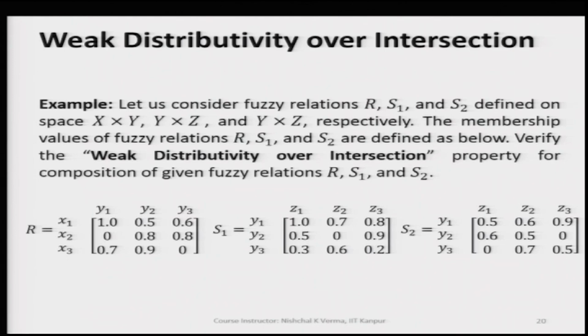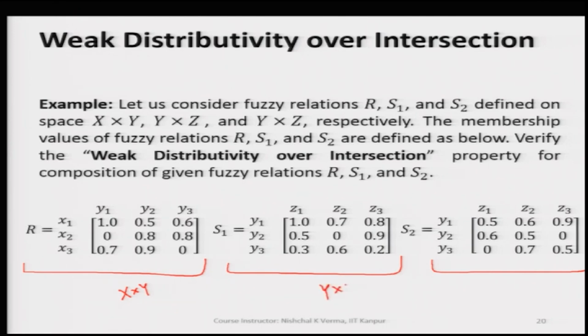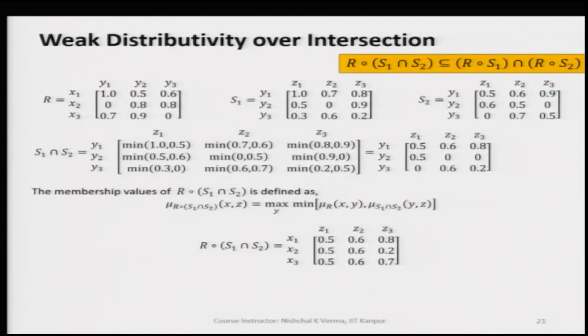Here we have three fuzzy relation matrices R, S1 and S2, and again I would like to mention that R is defined in the universe of discourse X cross Y, S1 is defined in the universe of discourse Y cross Z, and S2 is also defined in the universe of discourse Y cross Z. So, let us now first take LHS, and for LHS we have to have the composition of R and S1 intersection S2. So, let us first find this.